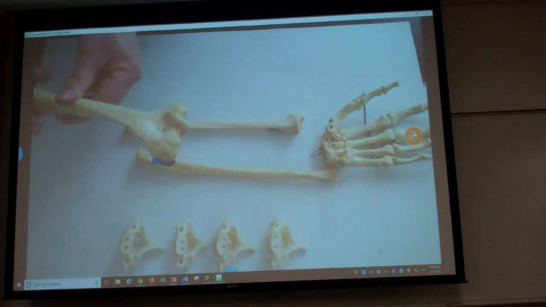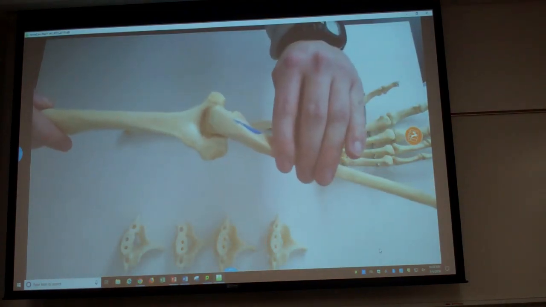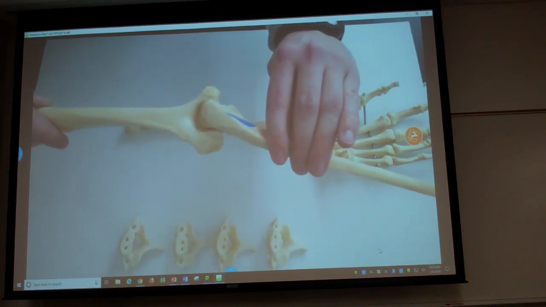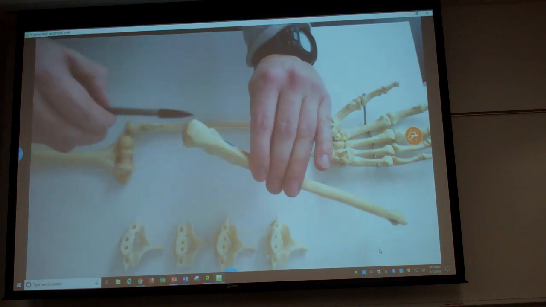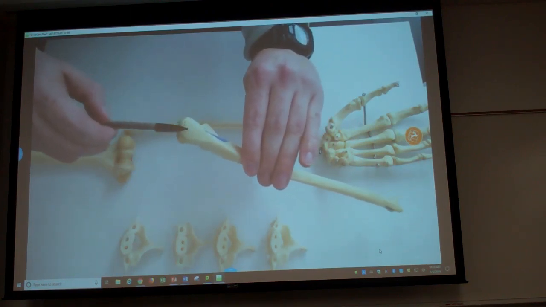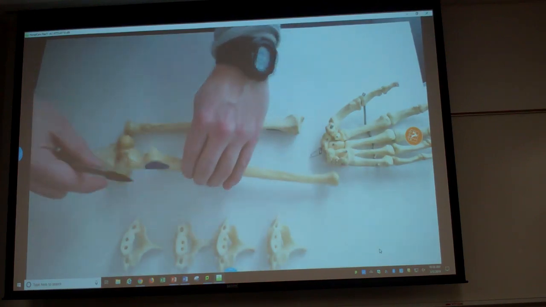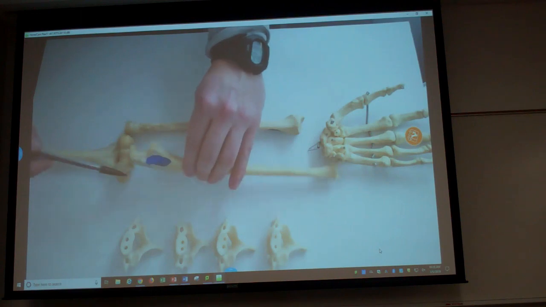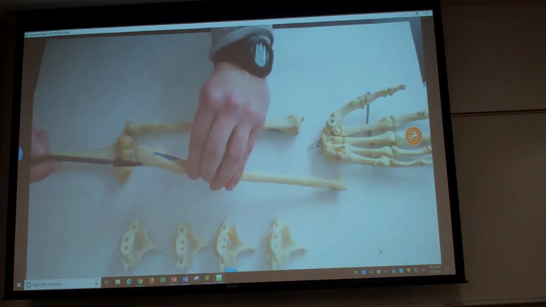So our olecranon process sticks into the olecranon fossa. This smooth part here is the pointy part of your elbow. This is a posterior view. You can't see it when we look at it anterior, the back side of that. But again, we call this the olecranon process.